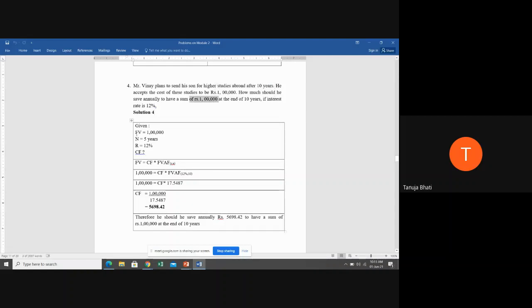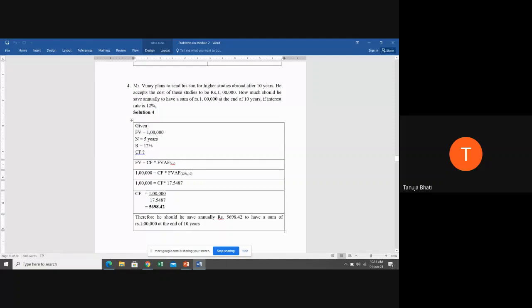So what is given? Future value of 1 lakh is given. N is 10 years, rate of interest is 12%. So we need to find out the cash flow, the series of equal payments which he has to deposit every year in order to earn 1 lakh rupees at the end of 10 years.